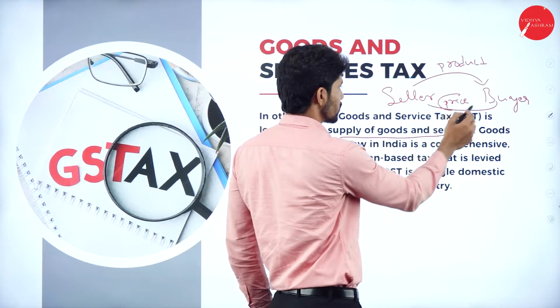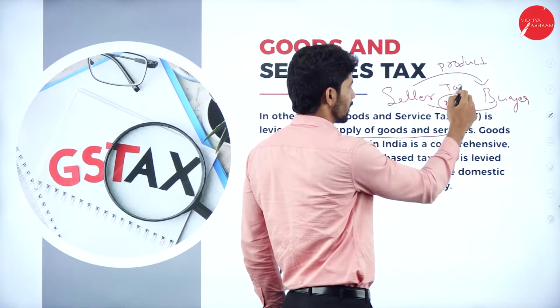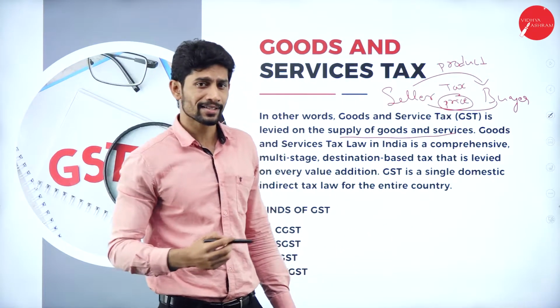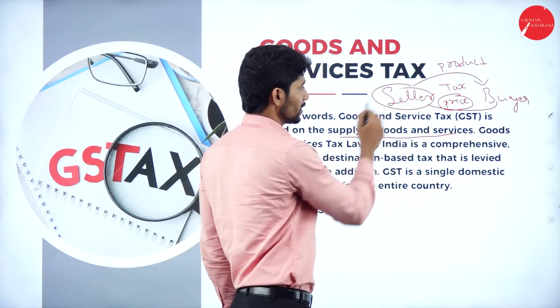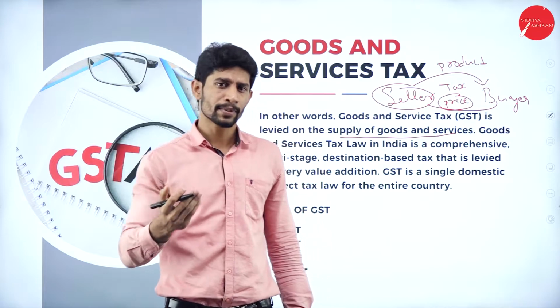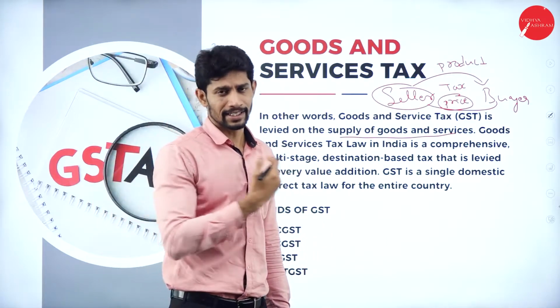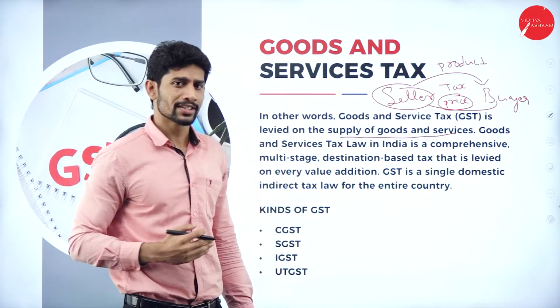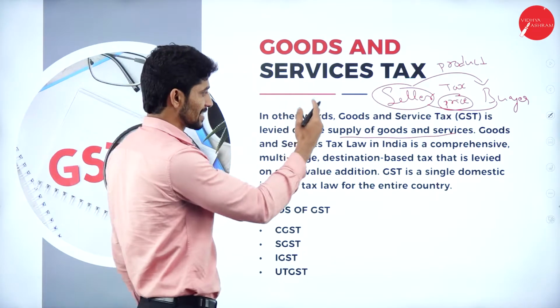This price is also inclusive of tax. So who is collecting the tax here? The seller is collecting the tax. So at the time of selling the product, it is the responsibility of the seller to collect the GST on the goods or whatever services are sold by that particular seller.